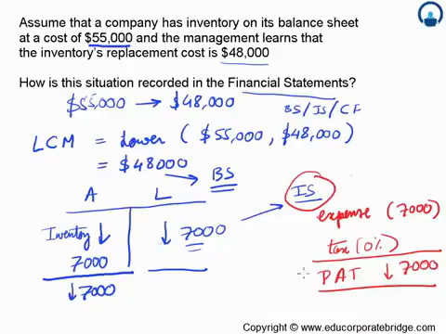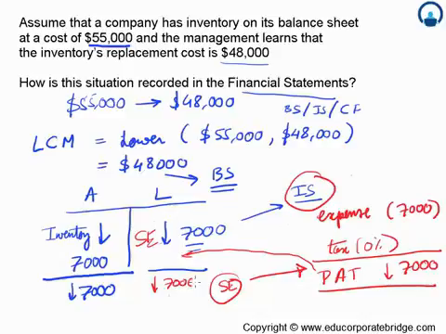And we know that shareholders equity is linked with profit after tax. So this profit after tax flows into the shareholders equity section, and shareholders equity goes down by 7,000. So we note that both the assets move down by 7,000 and the liabilities move down by 7,000 because we take the write down as an expense and it flows from the income statement.